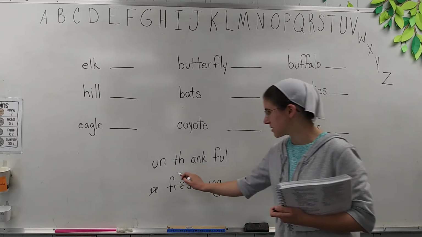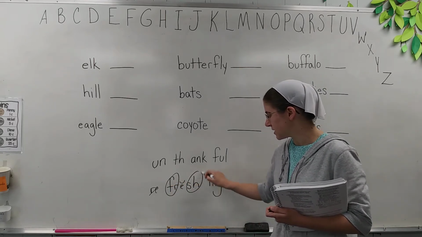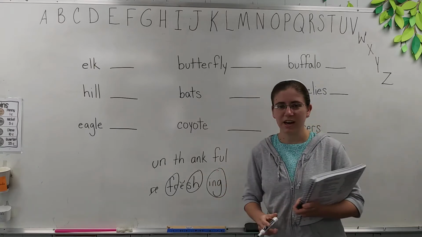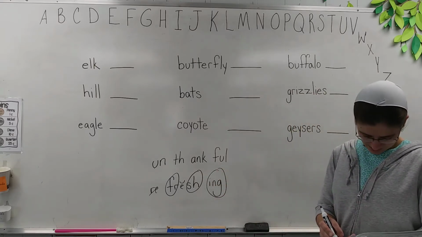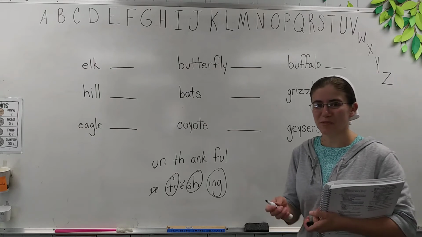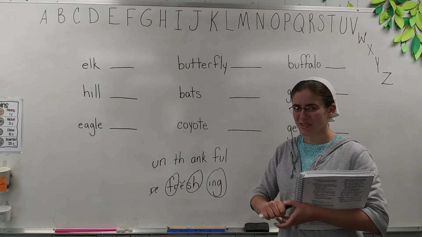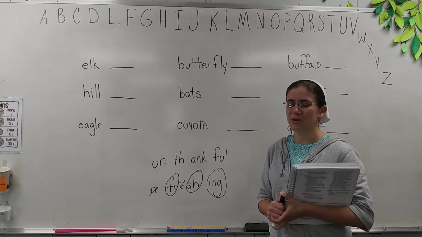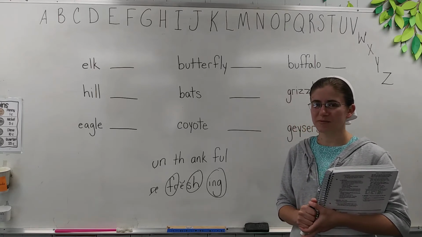Alright, so these are our special sounds: FR, SH, and ING. One more word is Saturday. Do y'all remember how to spell Saturday? Okay, write the special sounds you hear in the word Saturday.